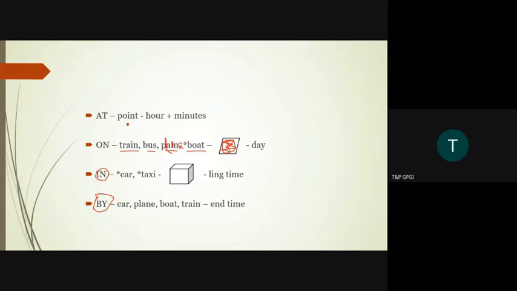Because of that, we say on, because you stand in an area. So on, we put things on the table. Next one is in.